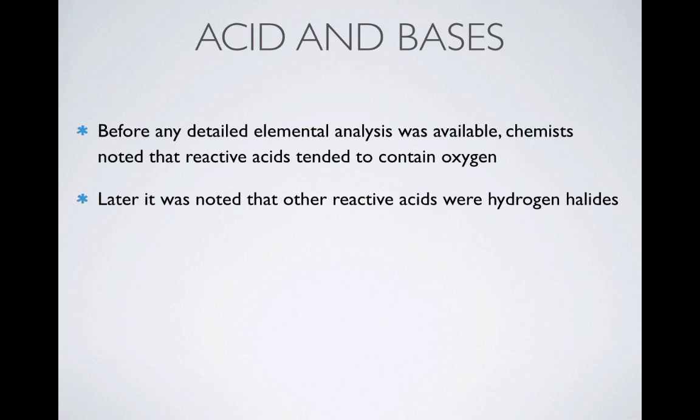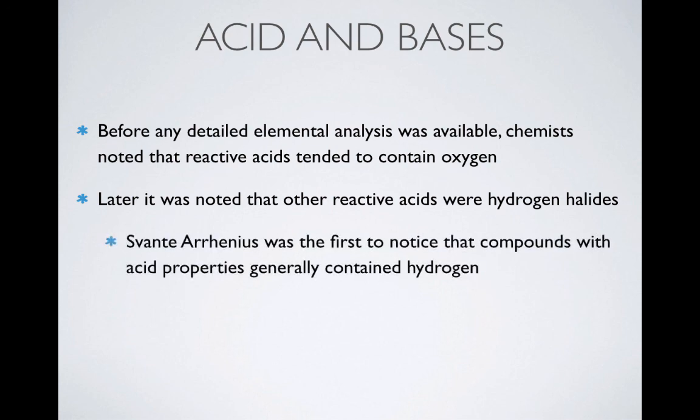Later, it was noted that there are some other reactive acids that do not have oxygen in them. Instead, they have hydrogen and a halide. So we've got hydrogen chloride, HCl, hydrogen fluoride, hydrogen bromide, hydrogen iodide, all very reactive acids.